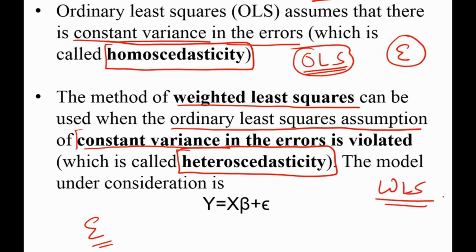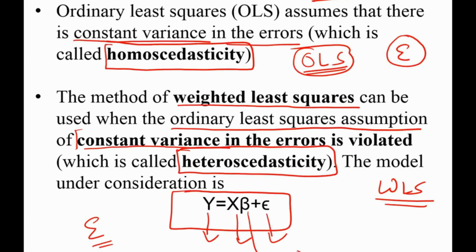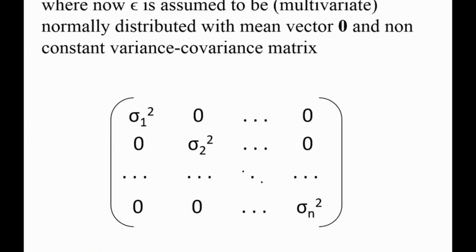Of course, there are other means of getting rid of heteroscedasticity and achieving homoscedasticity, but one of the ways is using WLS instead of OLS. And the model that we're considering is this one, a simple linear regression model where y is the dependent variable, x is the independent variable, epsilon is the error term, and beta is the set of parameters.